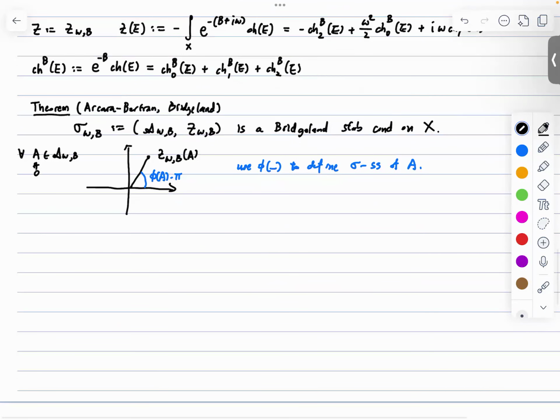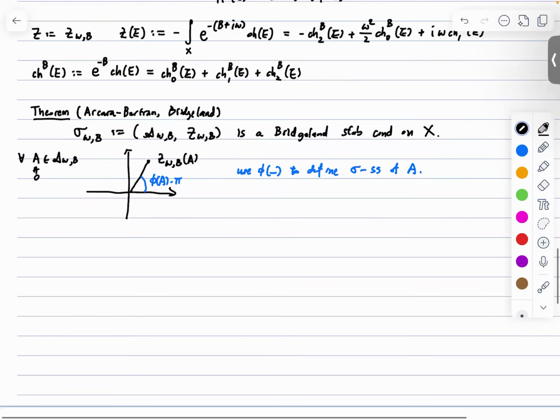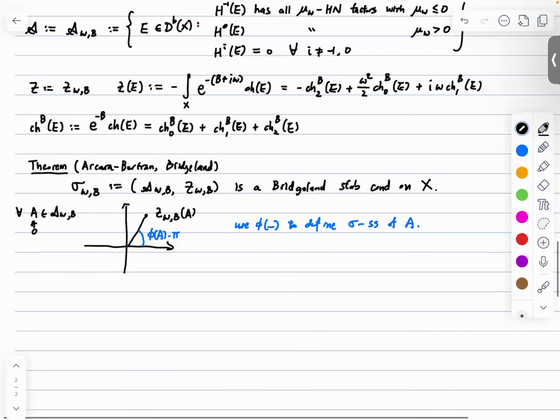So in the title of the talk, right, there's this word stability. So far we've been talking about slope stability. It's used in the definition of Bridgeland stability conditions. So the word stability in the title of the talk refers more to Bridgeland stability.